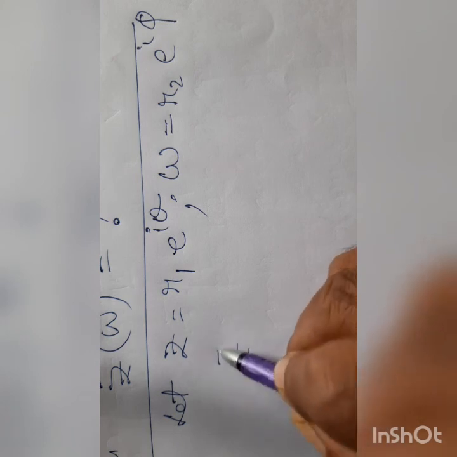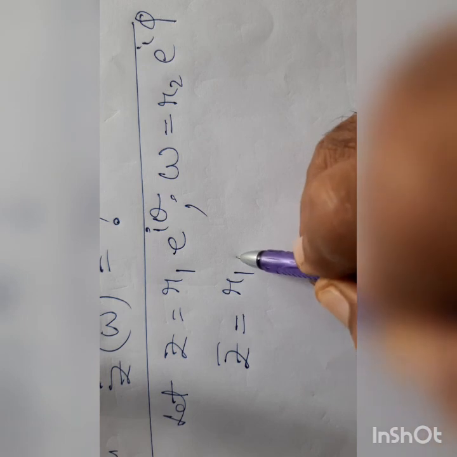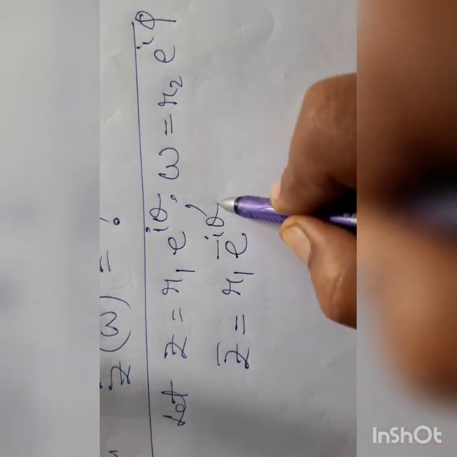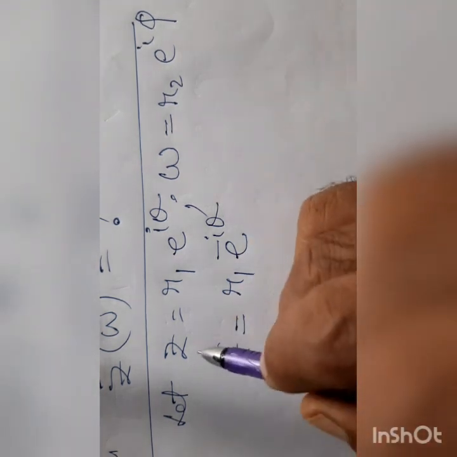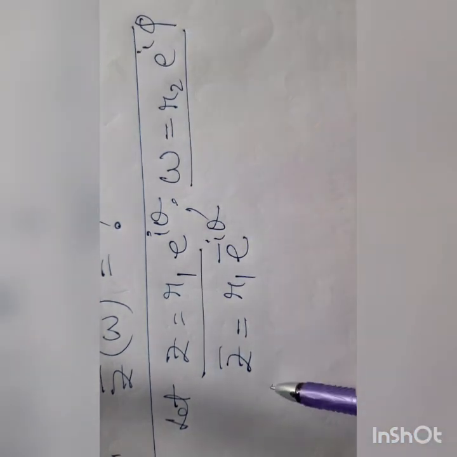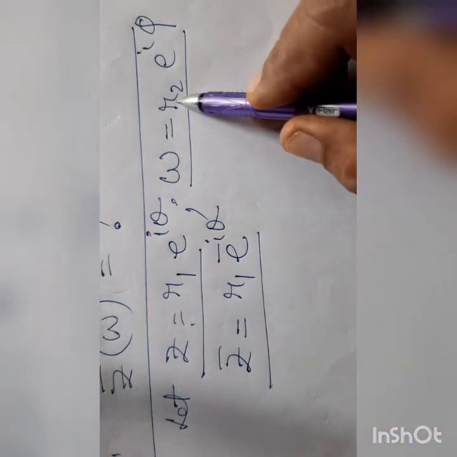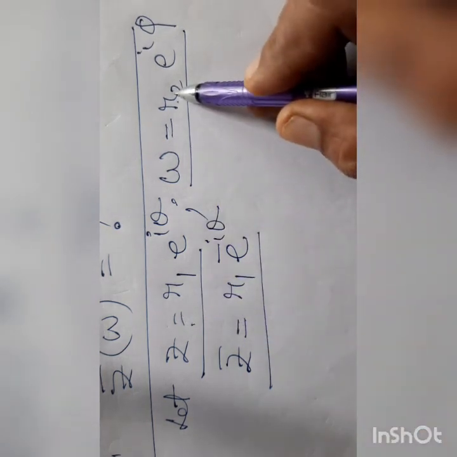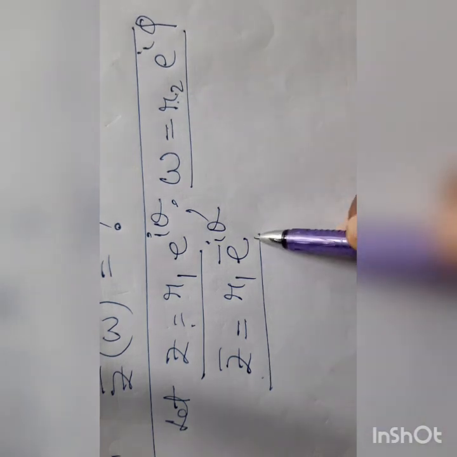Therefore, Z bar equals r1 e power minus i theta. These are the Euler forms of a complex number that you already know. I have told you, Z bar is like this.